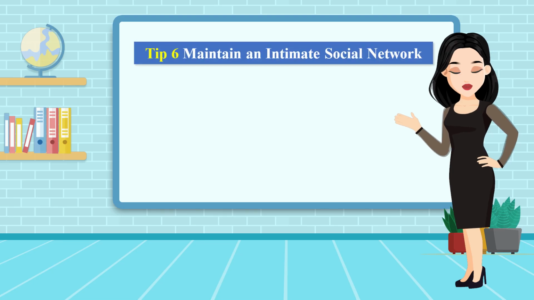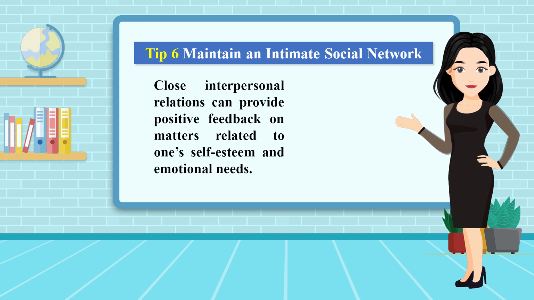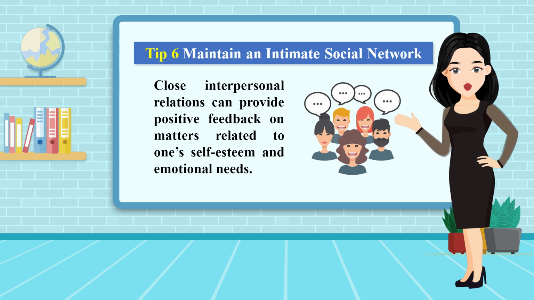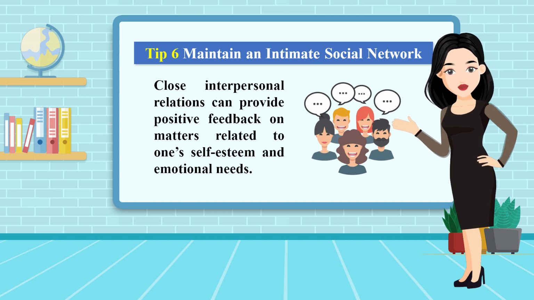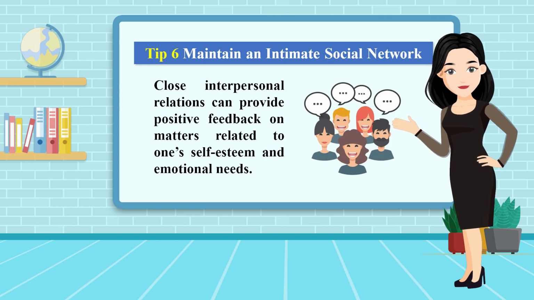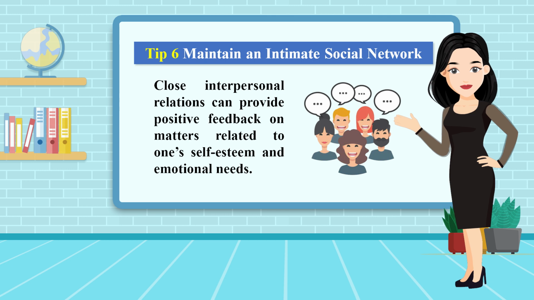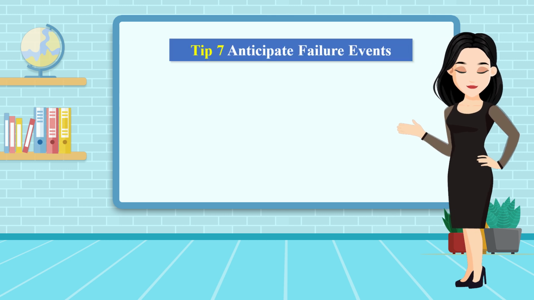Tip 6. Maintain an intimate social network. Meanwhile, do not give up your social network in your home culture. Close interpersonal relations can provide positive feedback on matters related to your self-esteem and emotional needs. Tip 7.